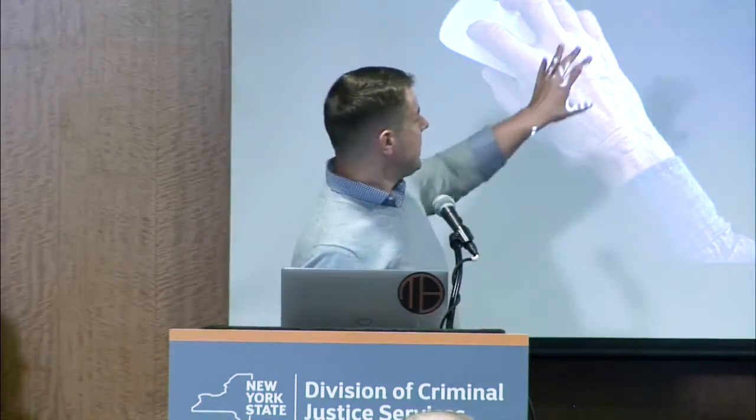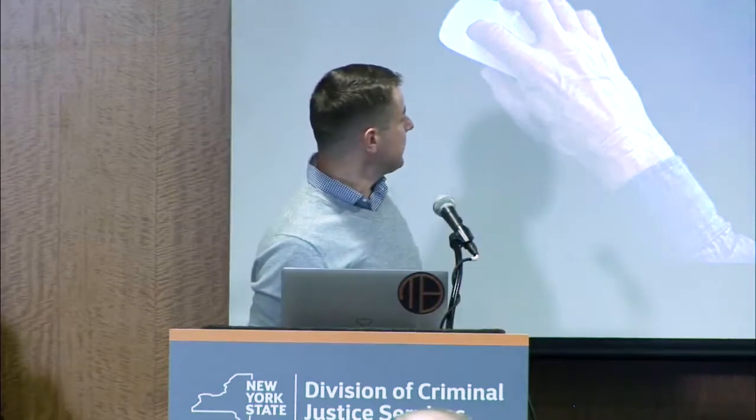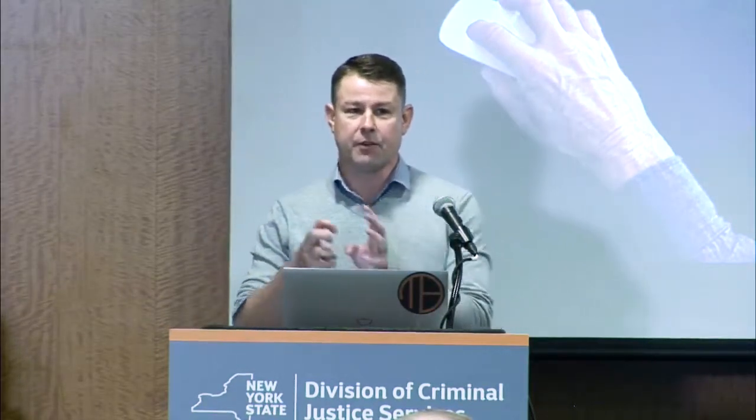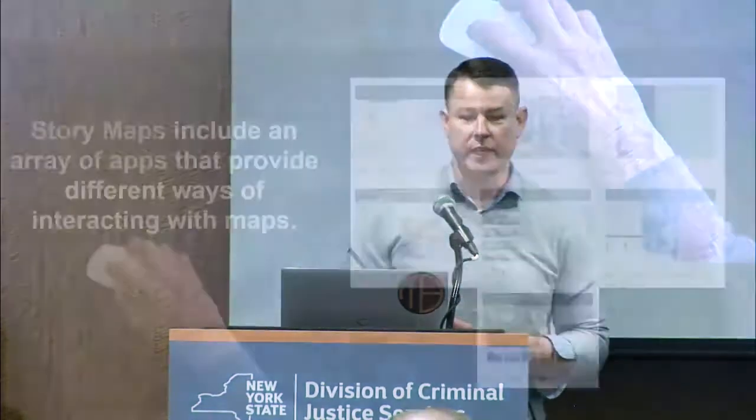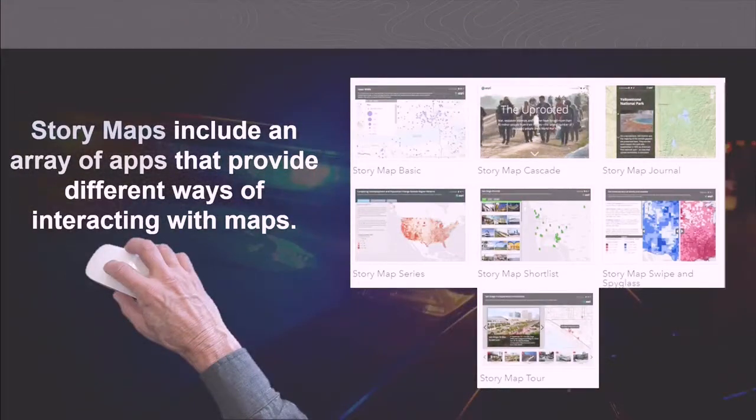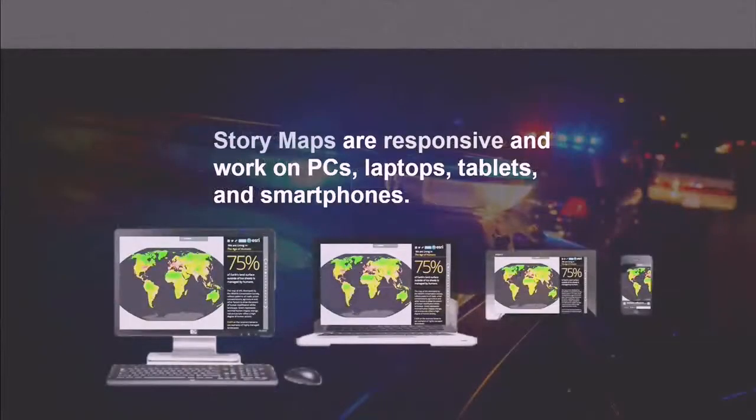We have 7 different templates for these story maps, and why you would use a certain template versus another one really depends upon the different features that you are looking to surface.